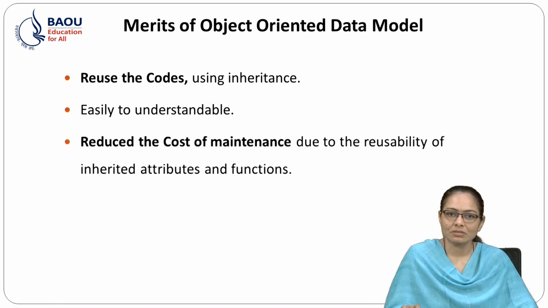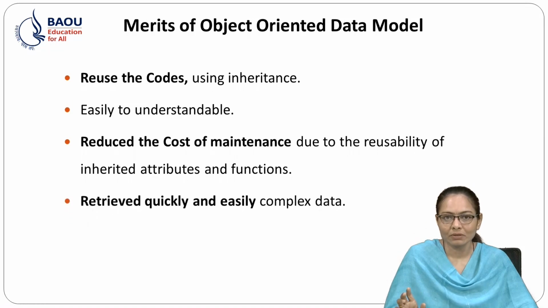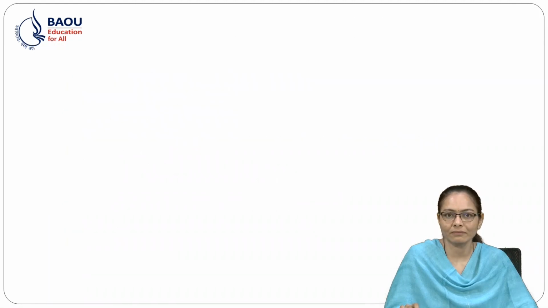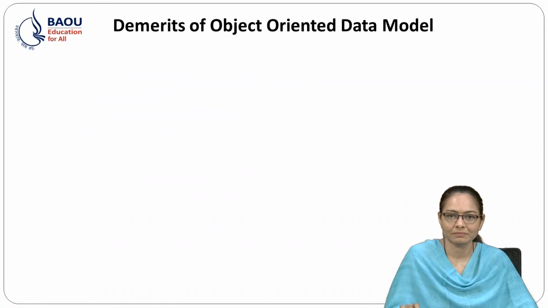It reduces the cost of maintenance due to the reusability of the inherited attributes and functions. Due to this, no need to use extra memory or any hardware resources. Retrieve complex data quickly and easily. Also the object IDs are assigned automatically. So these are the merits of the OODM.